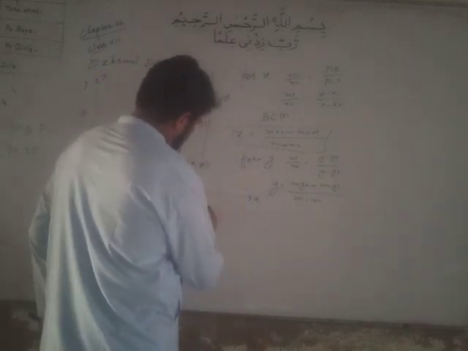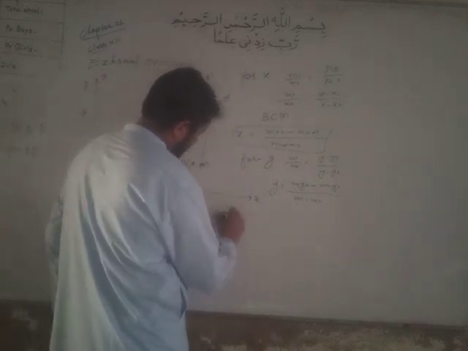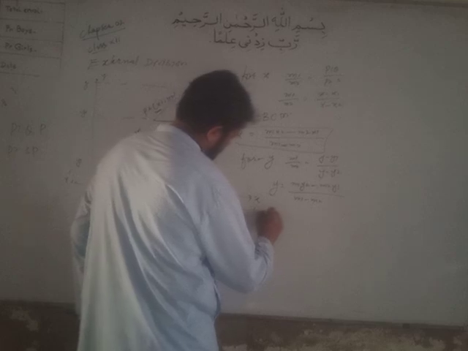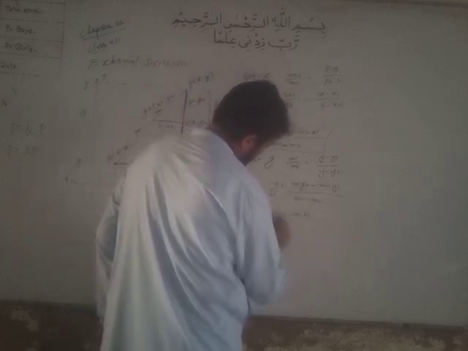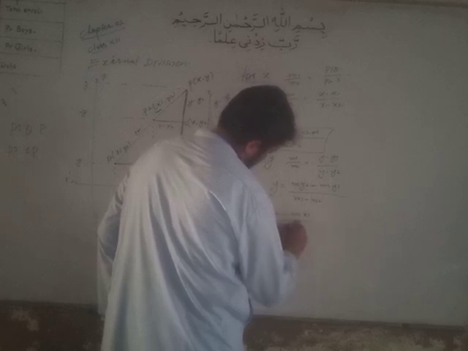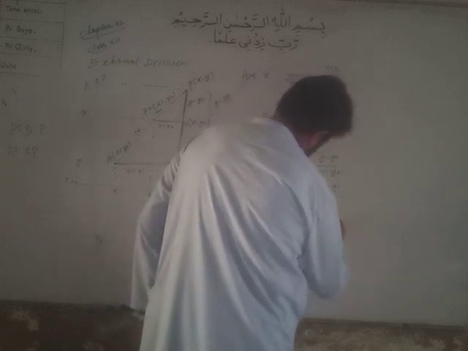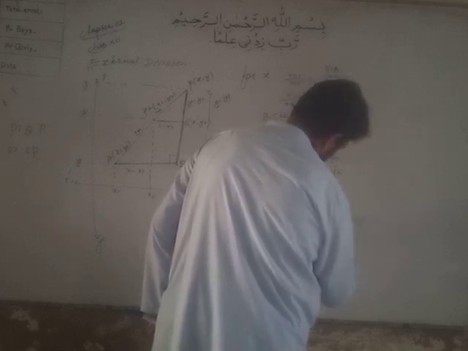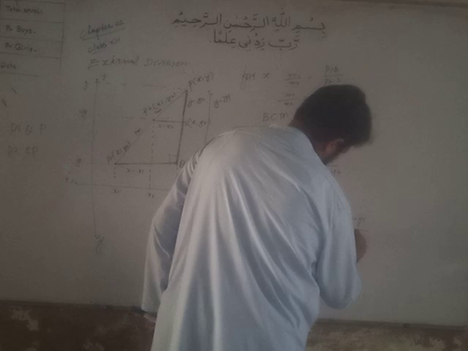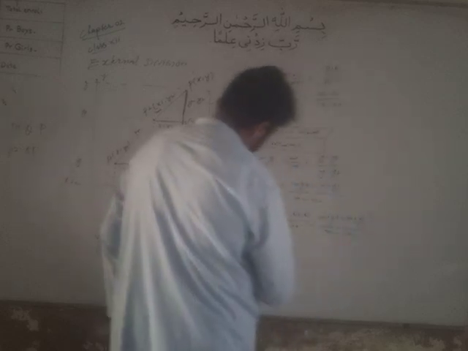So the point P of x comma y is m1 x2 minus m2 x1 upon m1 minus m2, and m1 y2 minus m2 y1 upon m1 minus m2. So this is the formula.